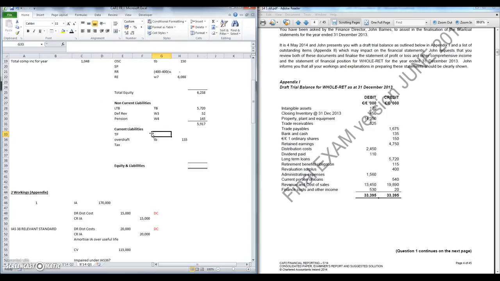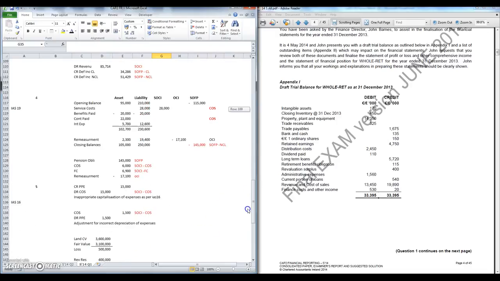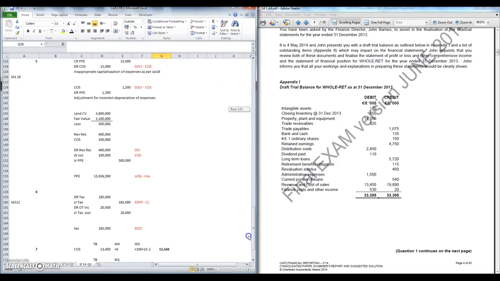Finally then, current liabilities, we have our overdraft in, trade payables of 1675. So I'm just moving this over here to be consistent. And that's from the trial balance as well. We have a tax for the year, we know from working 6.